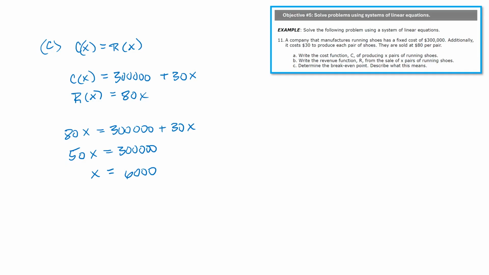Well, we're going to take x and substitute it into either equation. So let's substitute it into the revenue equation. So that's 80 times 6,000, which equals 480,000.